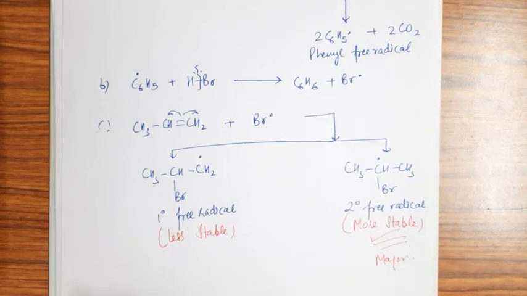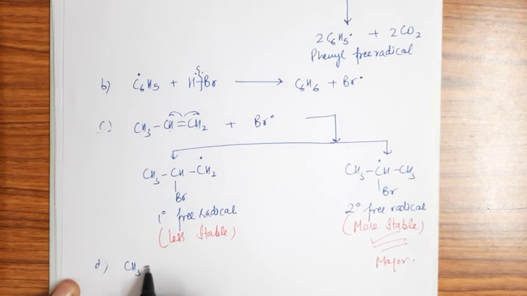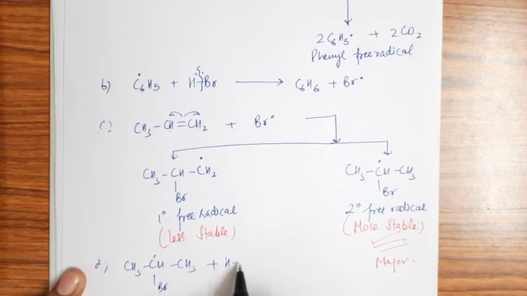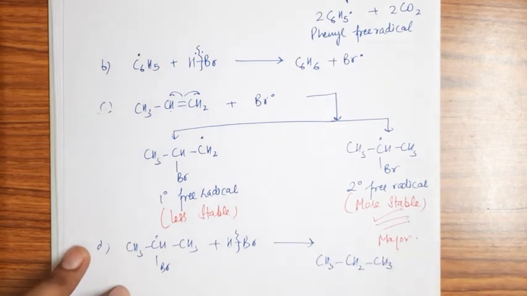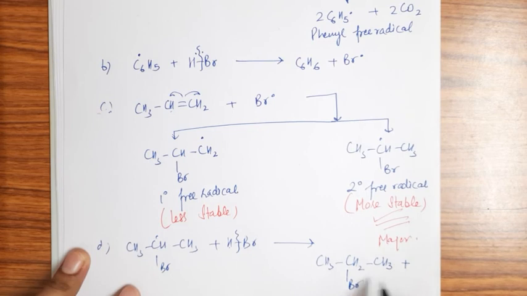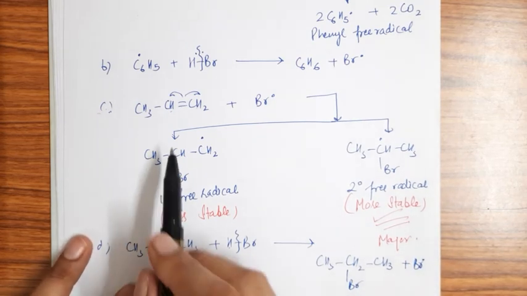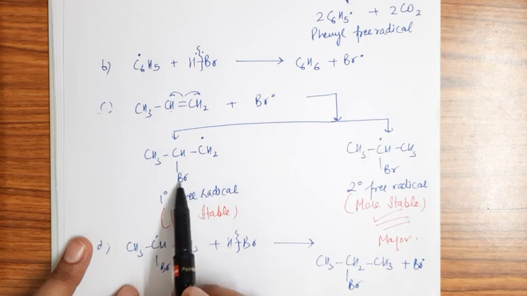Now in the last step, we add HBr again, it's homolytic fission. H adds to this compound. I think I missed one thing here.